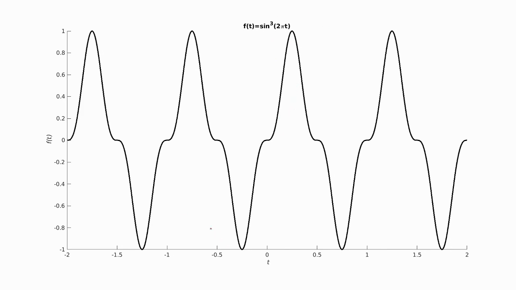We are going to find the Fourier series by analyzing this function between the time interval minus T by 2 to T by 2. In our case, the function has a time period of 1, so we'll analyze the function between minus 0.5 to 0.5.